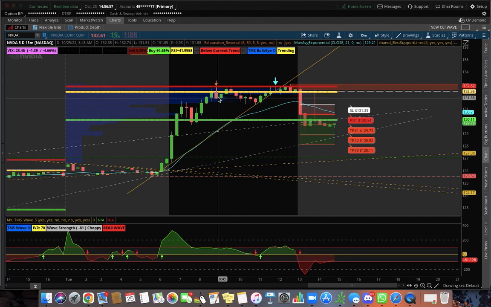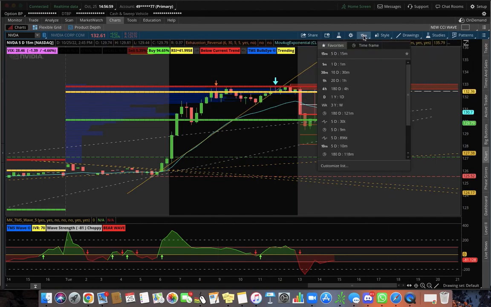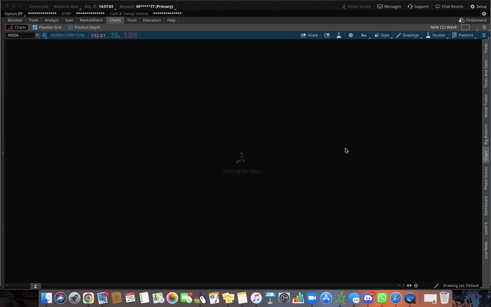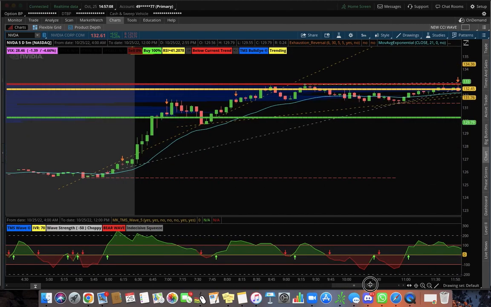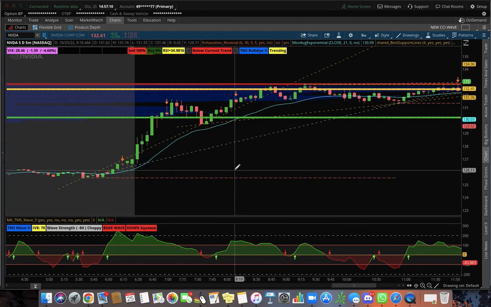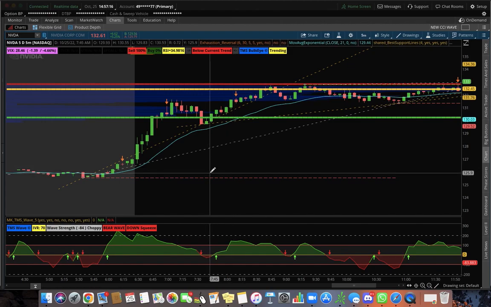That's my rule that I teach in our Discord. I want a good 5-minute candle that thrusts through an area that we're looking at and or a trigger that we've identified.